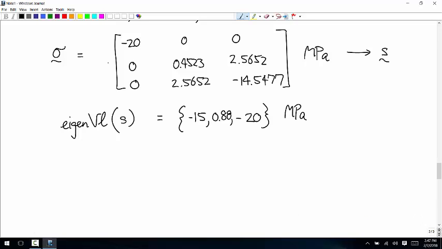And now to get a coordinate system that corresponds to that, run eigenvectors with the same matrix.